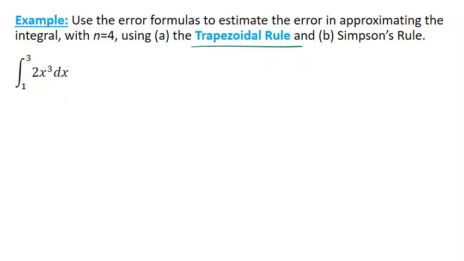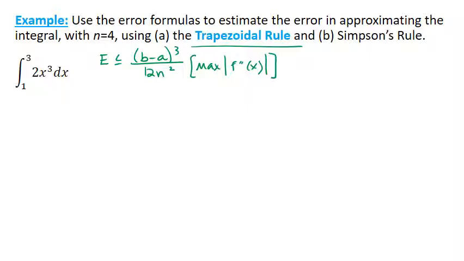So if you look at the formula, it says that the error is going to be less than or equal to the following: (b minus a) cubed over 12n squared times the maximum of the absolute value of the second derivative, where a and b are the interval.